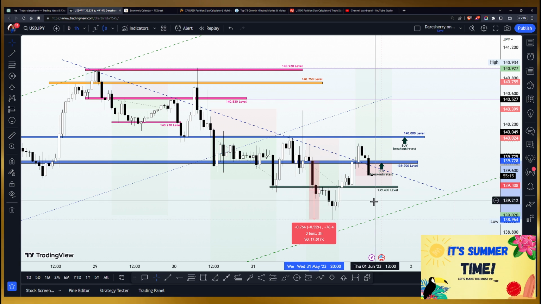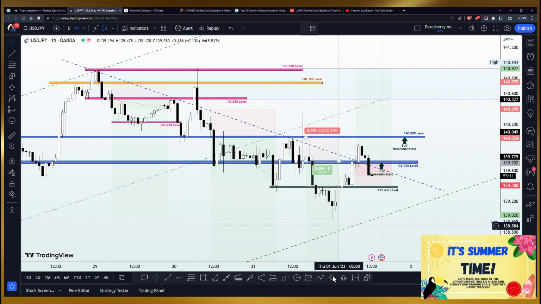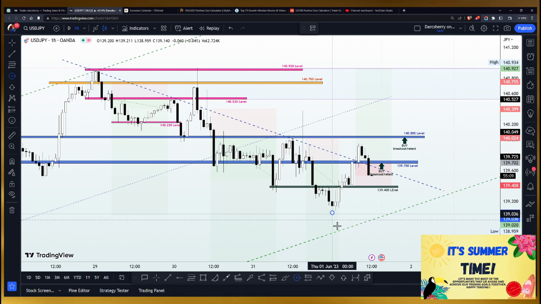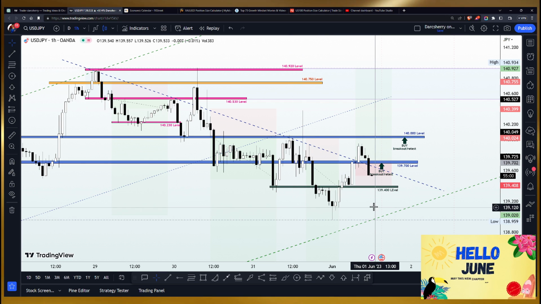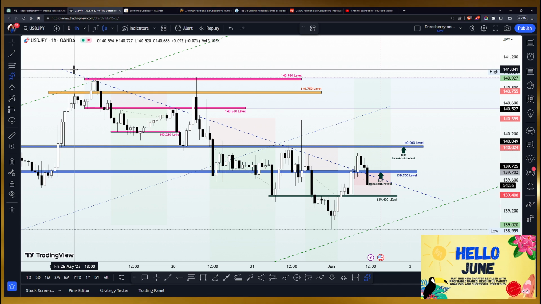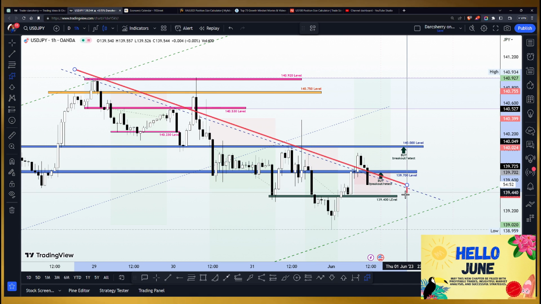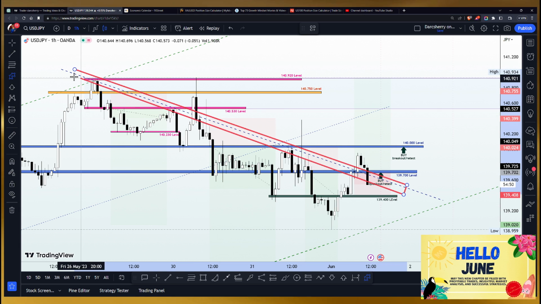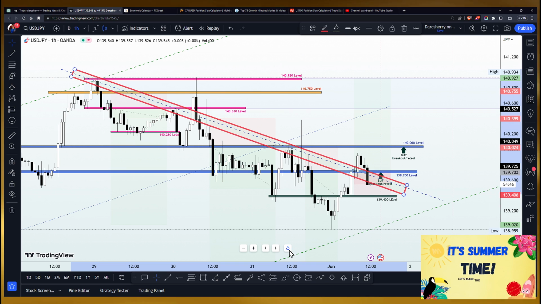Now, what I saw here this morning was this sharp candle, this sharp rejection of the zone here. Hold on a second, giving me a hammer candle, which from a technical standpoint is a sign that buyers are gradually gaining momentum at that point. Coupled with that, I also acknowledged the fact that price action has been bearish since the beginning of this week, and that is evident after connecting the series of lower highs here, giving us this bearish trend line that you can see on your screen.